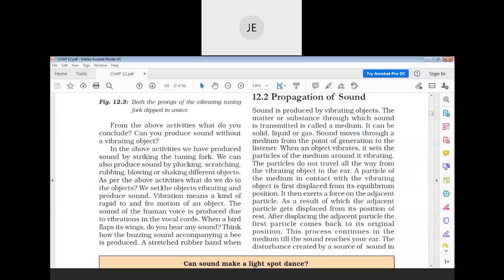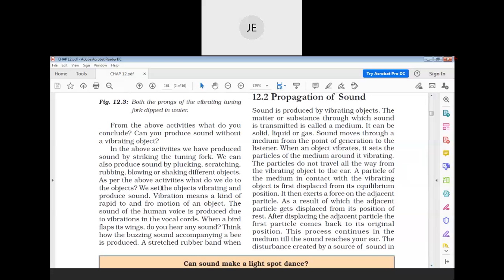The main thing is it has to vibrate. As per the above activities, what do we do to the objects? We set the objects vibrating and produce sound. Vibration means a kind of rapid, to and fro motion.